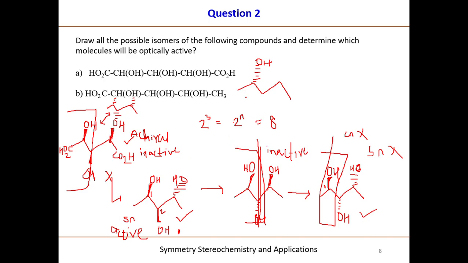You can see here this is the back side OH group and here we have the front side OH group. This one and this one are the same and will show optical activity. So this is an optically active molecule. I hope this example is clear to you.